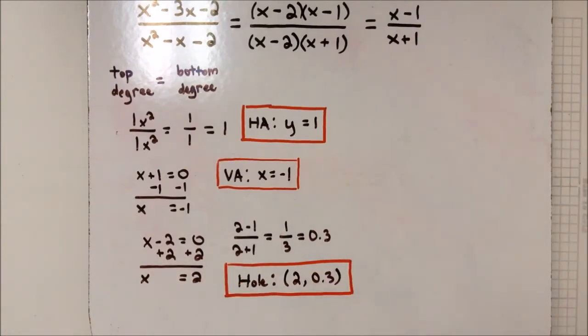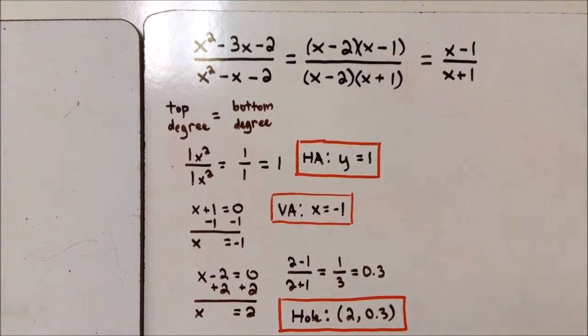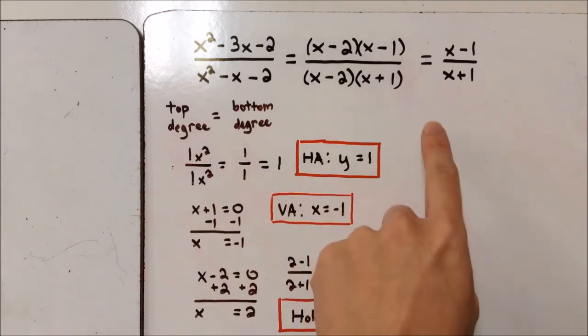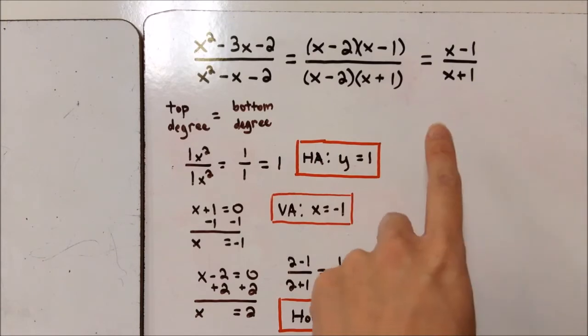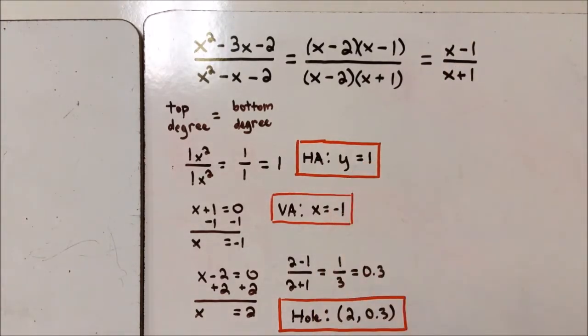Alright, now just like the last two examples, we're going to find the x-intercept and the y-intercept. So, now again, just to simplify, we're going to use a simplified function. Now for the x-intercept, we're always going to use the factor from the numerator. So x minus 1.